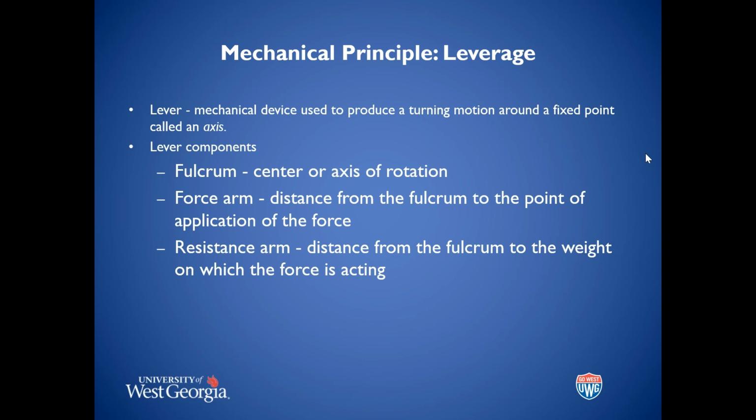We also have leverage. A lever is a mechanical device used to produce a turning motion around a fixed point called an axis. It's usually something that assists us in making things easier. There are three portions to this, and we'll get to some specific examples.